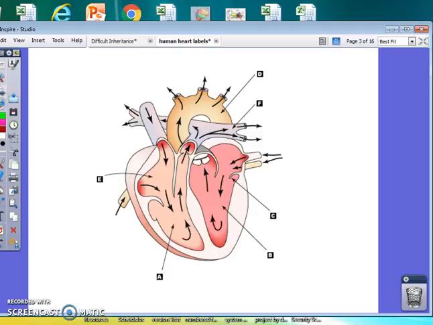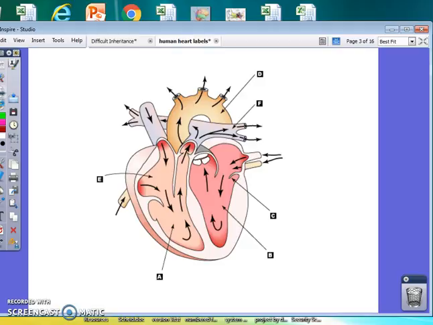As we look at this diagram, you see that there are some labeled parts. A couple of the parts we didn't get into. We didn't get into D or F. But I'm hoping that you can identify what letter E is pointing to, what letter A is pointing to, what letter B is pointing to, and what letter C is pointing to. So why don't you take a minute, take a look at that, and see if you can identify those.